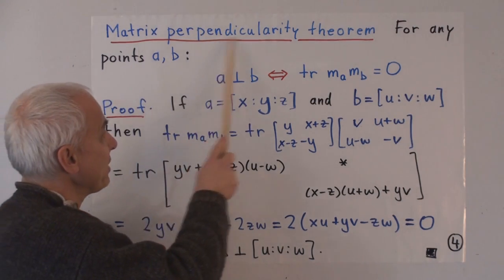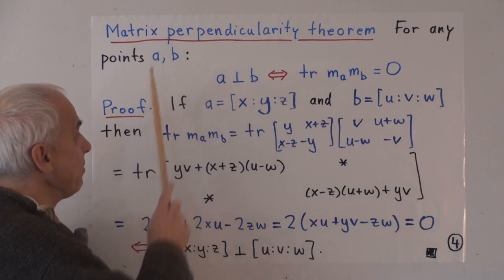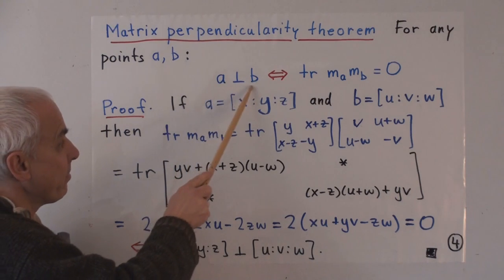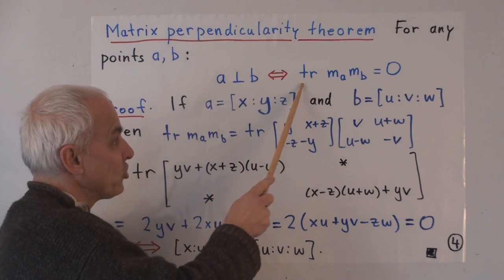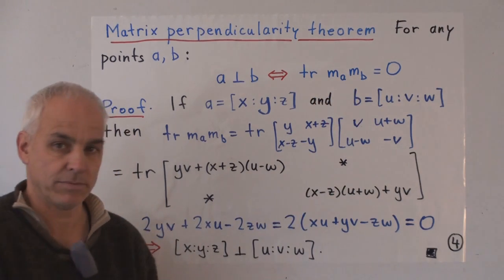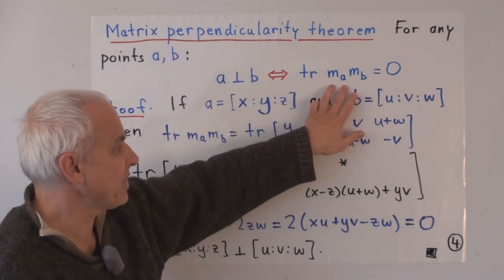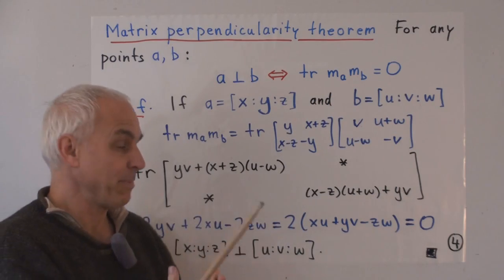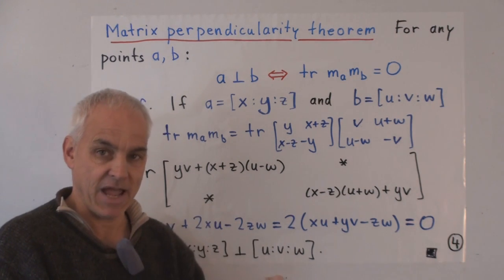The matrix perpendicularity theorem tells us that for any 2 points A and B, A is perpendicular to B precisely when the trace of M sub A times M sub B equals 0. So there's one 2 by 2 matrix, there's another 2 by 2 matrix. We're multiplying those 2 by 2 matrices and then taking the trace, which is the sum of the diagonal elements.